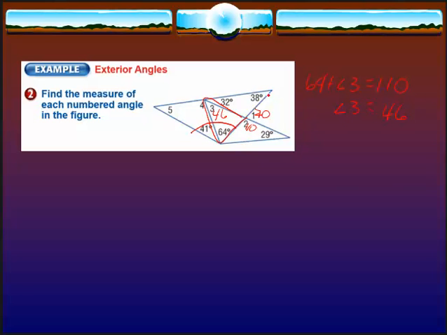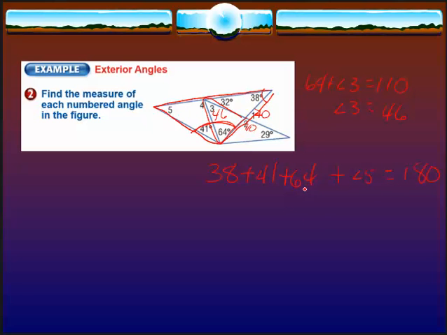To find angle 5, see, I don't always have to go in order. I'm going to use this big triangle here because I have the 38 and I have this angle down here. So 38 plus my 41 plus 64 plus my angle 5 is going to equal 180 degrees.